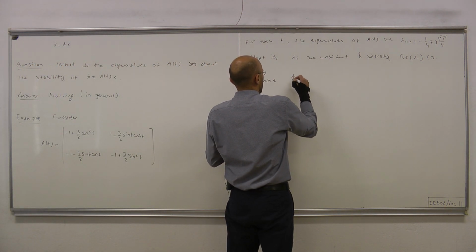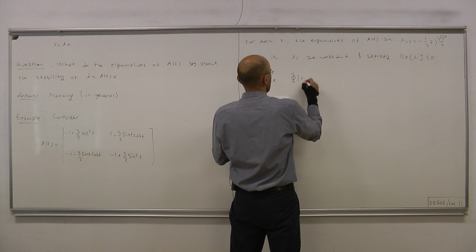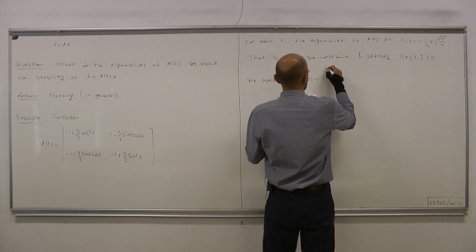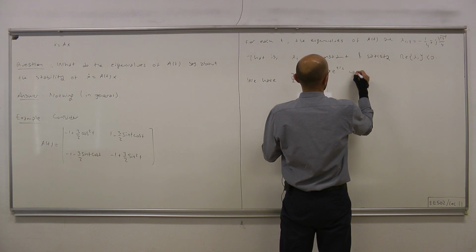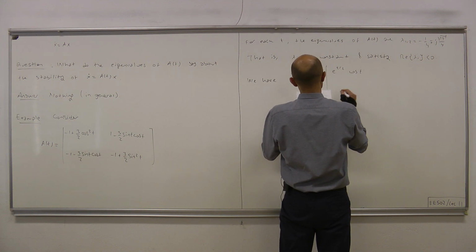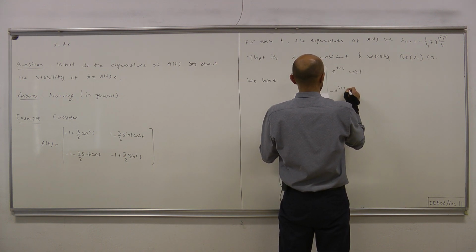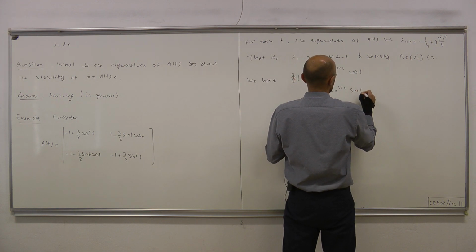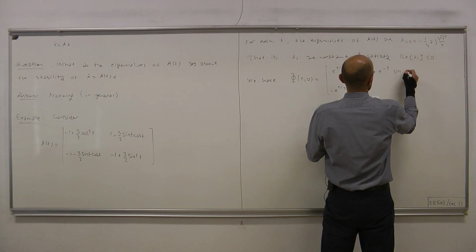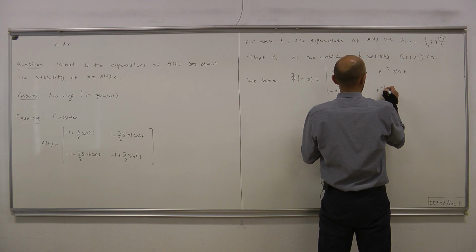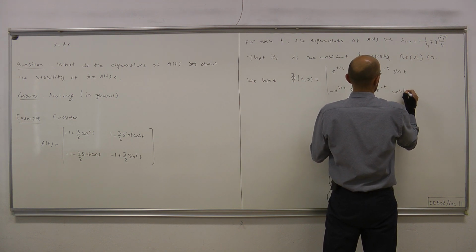We have the following state transition matrix: e to the t over 2 cosine t, minus e to the minus t sine t, e to the t over 2 sine t, e to the minus t cosine t.